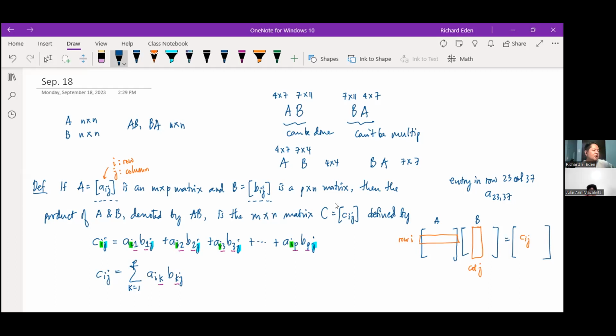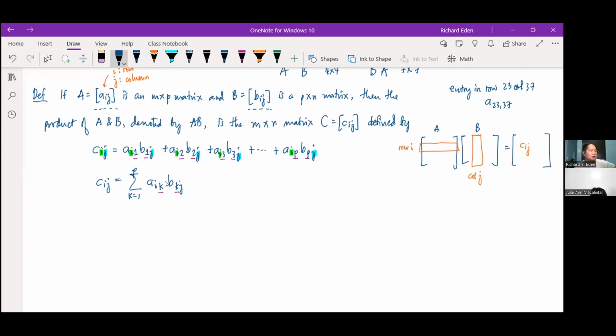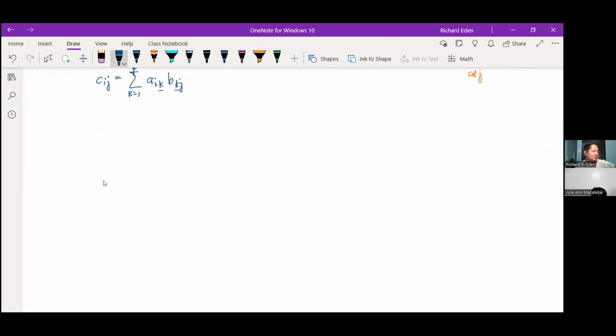I just wanted this written down for the record. I know that you've had some experience with multiplying, but if there is a certain property that we want to justify that involves multiplication of matrices, then we're going to have to refer to this particular formula.